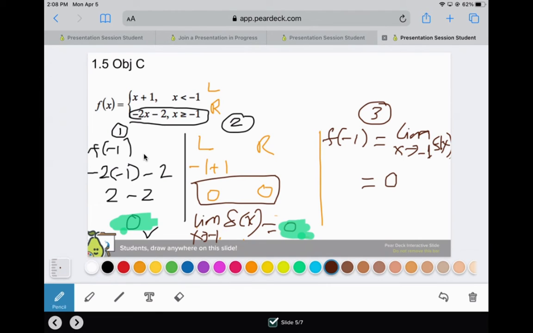So we can say f of x is continuous at x equal -1. Okay, so this is the case when the function is continuous: that function f of c is defined, there is a limit, and they both have the same values, then the function is continuous.